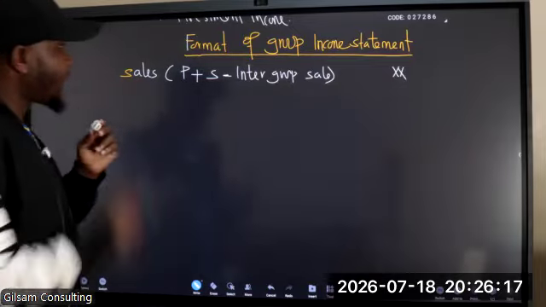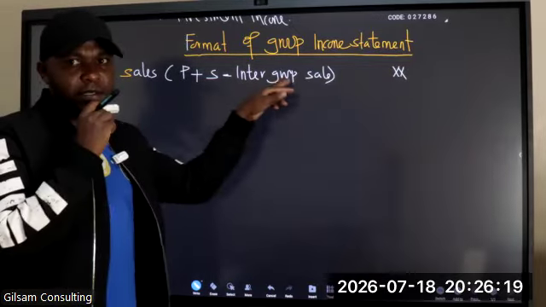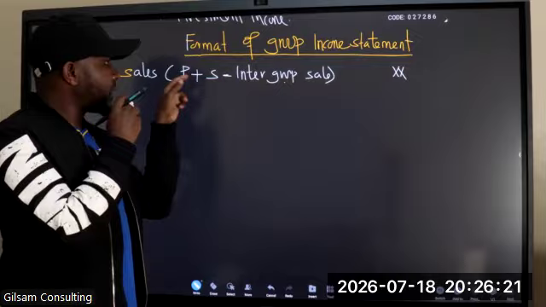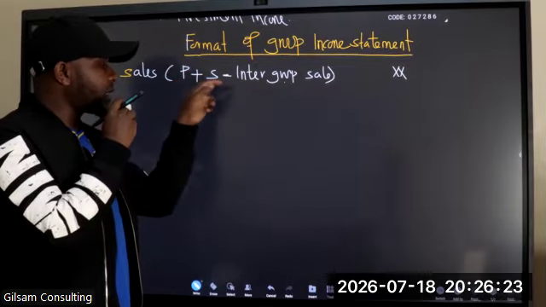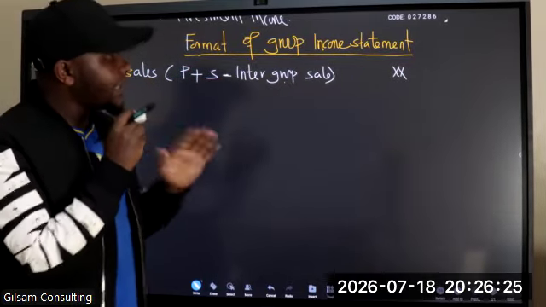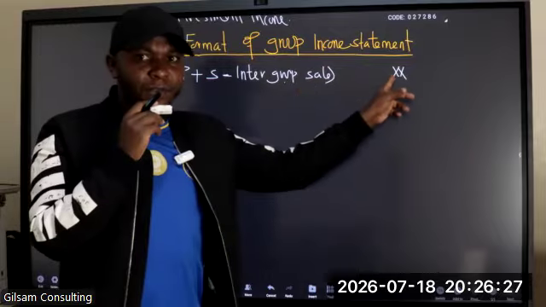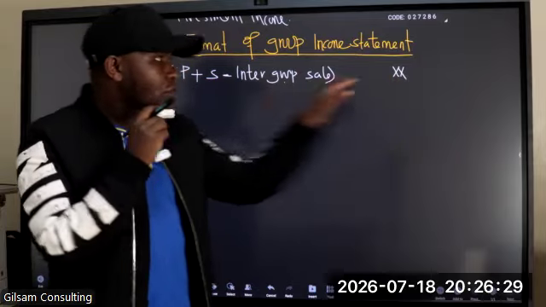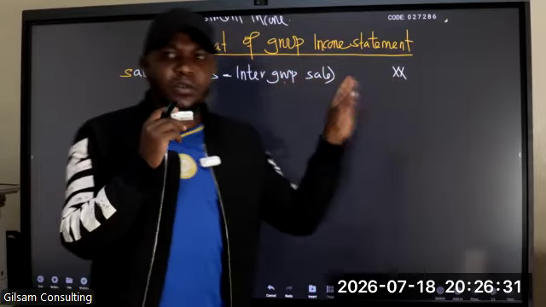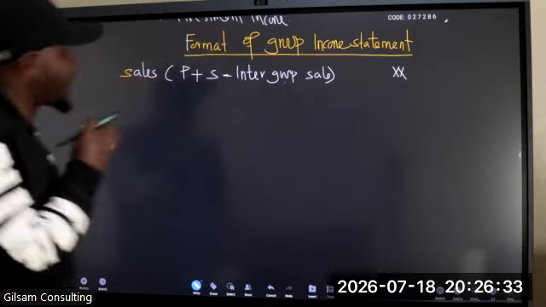Always you will get the sales for the parent and subsidiary. You don't need to miss this 1 mark, because there is no calculation here; everything will be given.